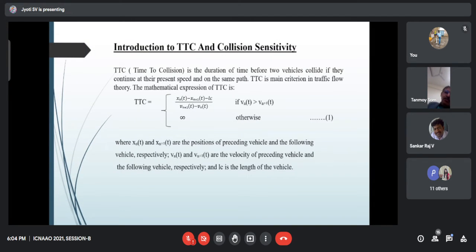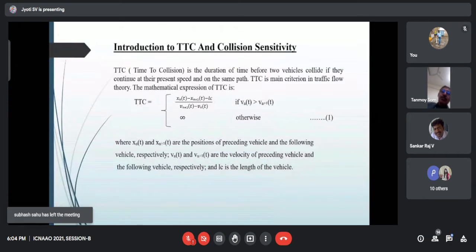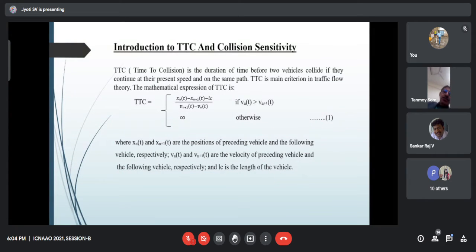TTC is equal to (xn(t) minus xn+1(t) minus Lc) divided by (vn+1(t) minus vn(t)) if vn+1(t) is greater than vn(t). Otherwise, TTC will be infinity. Where xn(t) and xn+1(t) are positions of the preceding and following vehicles respectively, vn(t) and vn+1(t) are the velocities of the preceding vehicle and the following vehicle respectively, and Lc is the length of the vehicle.